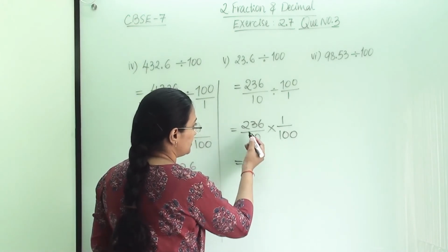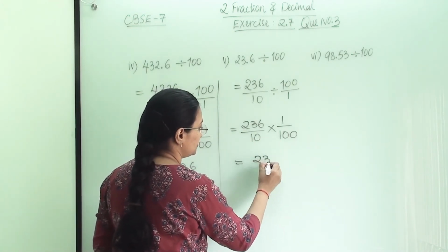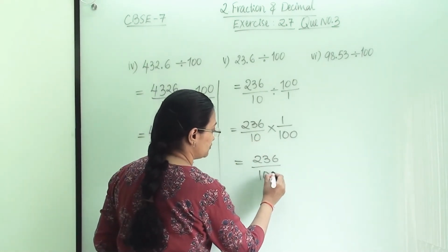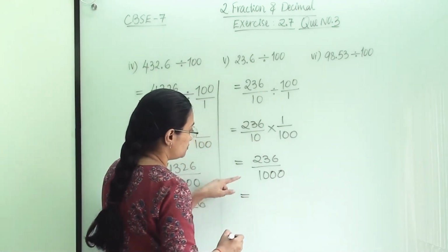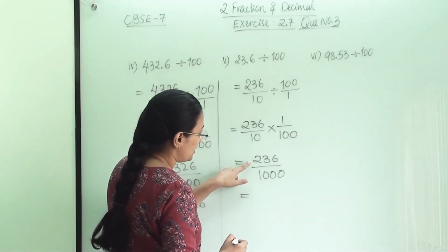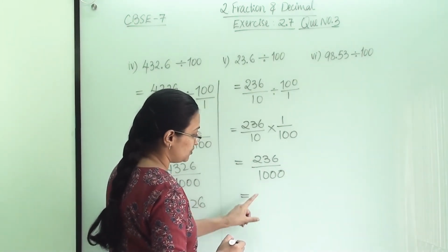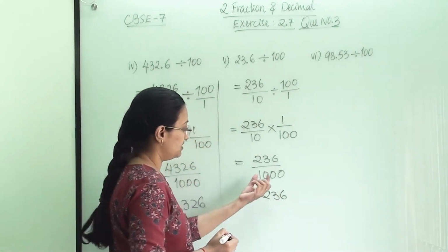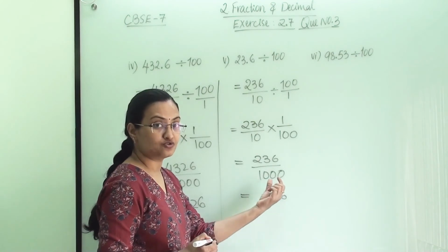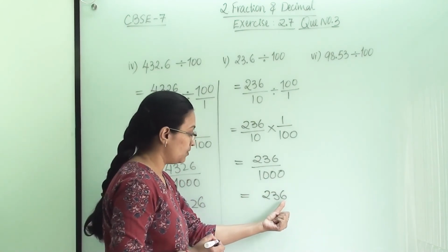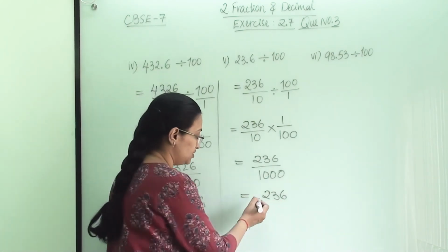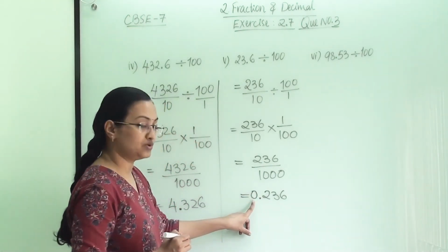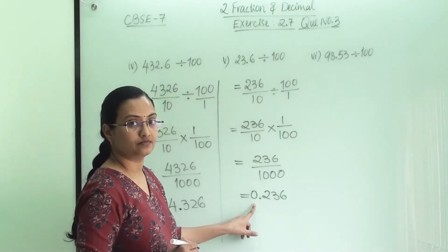Let us multiply this: 236 over 10 into 100, so we get 1000. Next we convert this fraction into its decimal form. 236, and in the denominator 1000 is there, so from the right side we count 1, 2 and 3 numbers. Here we put the decimal point, and one more 0 we put here because there are no more numbers.